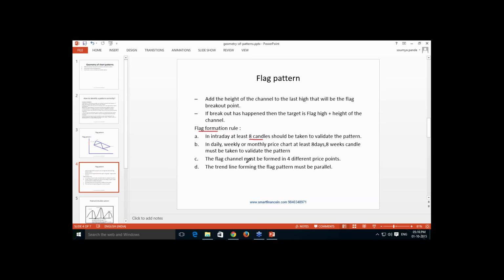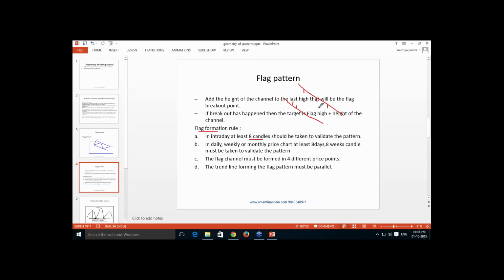And for this flag channel, whenever you are forming these two parallel lines, you must see that these two parallel lines touch at least 4 candle highs and at least 4 candle lows. The others, if they fall slightly outside these parallel lines or outside this channel, it is okay.